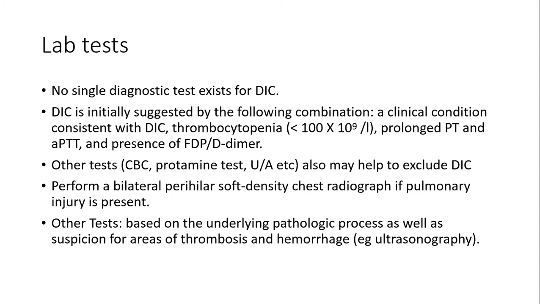Other tests like CBC, protamine test, and urinalysis also may help to exclude DIC. Perform a bilateral peripheral soft density chest radiograph if pulmonary injury is present, based on the underlying pathological process as well as suspicion for areas of thrombosis and hemorrhage, for example, on ultrasonography.